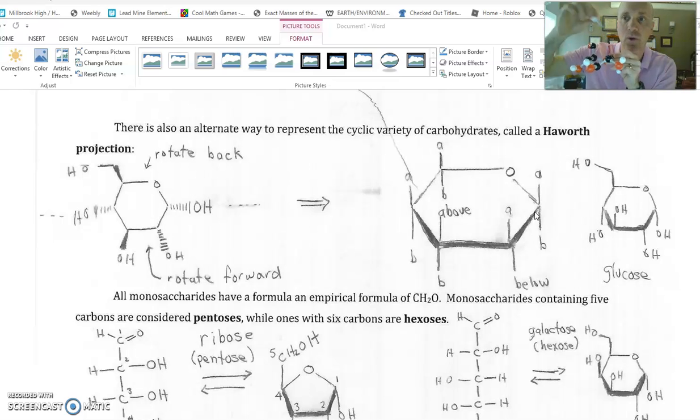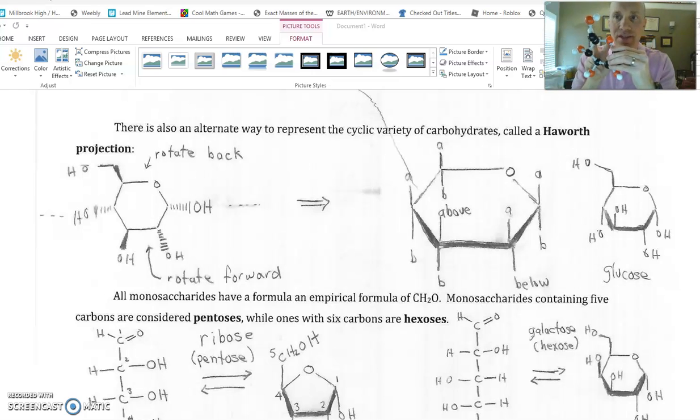So what we're going to be doing is taking this projection right here and rotating the edge so that the bottom edge of the ring moves forward. Watch when I do this.